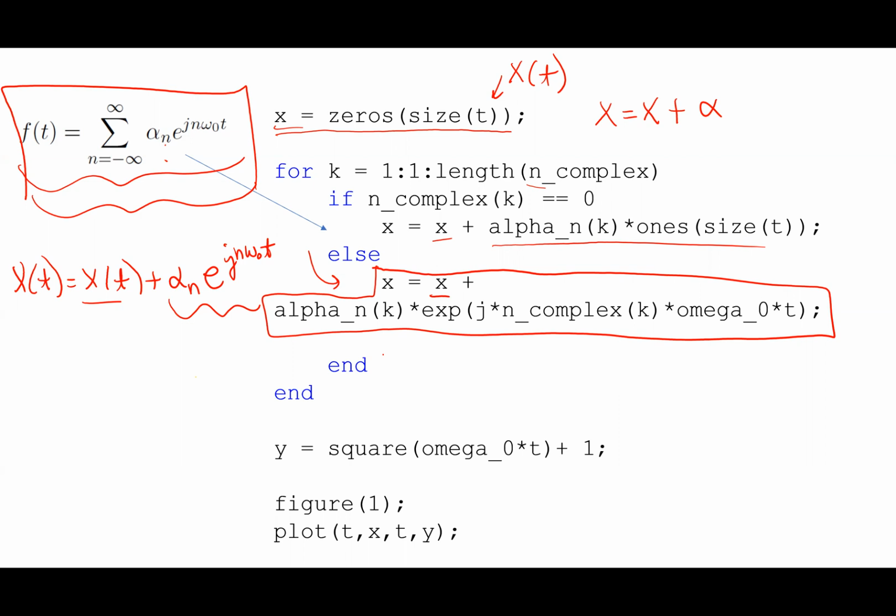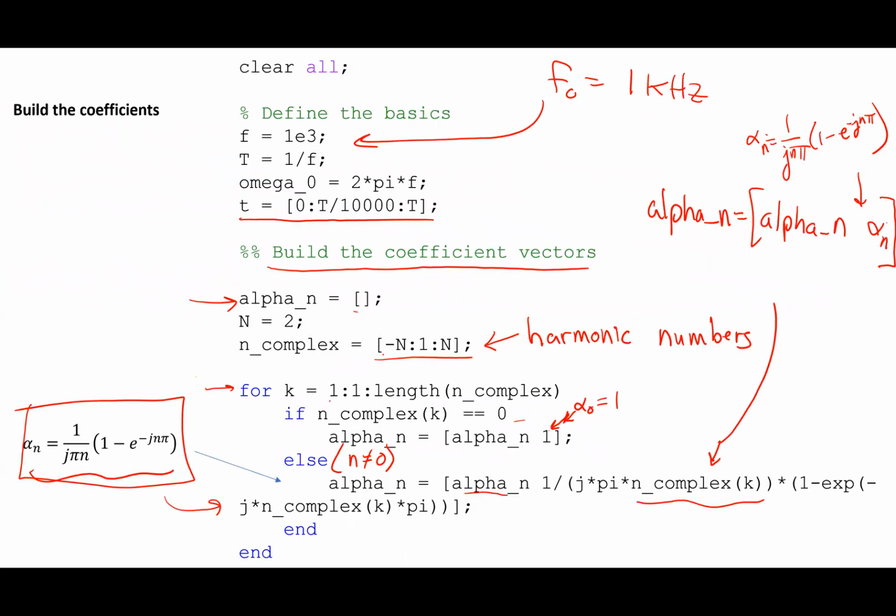Can you explain what the brackets do? Like it's a bracket alpha of 1. Yeah, so when I say alpha n equals square brackets alpha n and then a number, technically this doesn't look like a number, but it's a number. Once you evaluate 1 over j times pi, that's going to be a number.